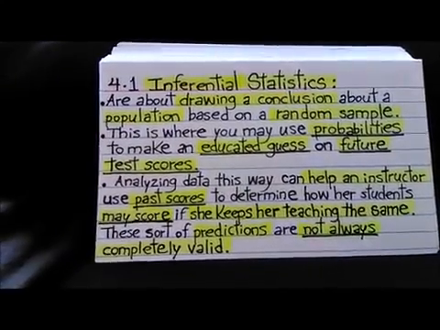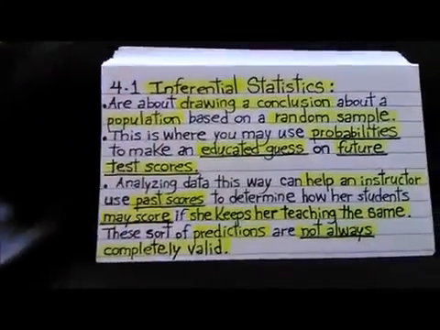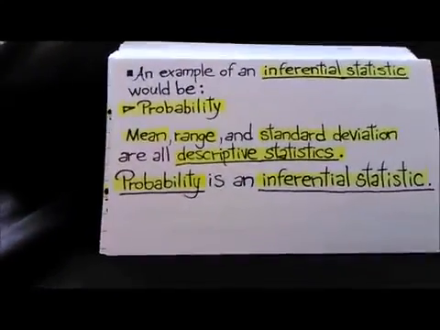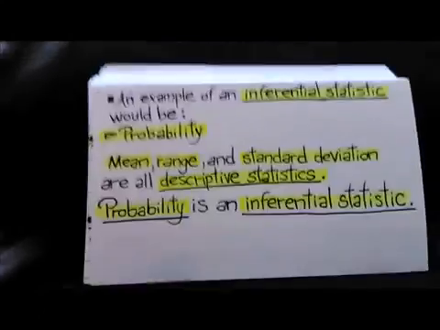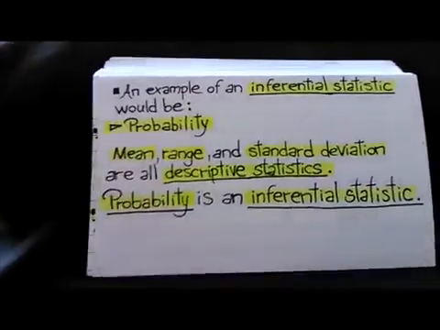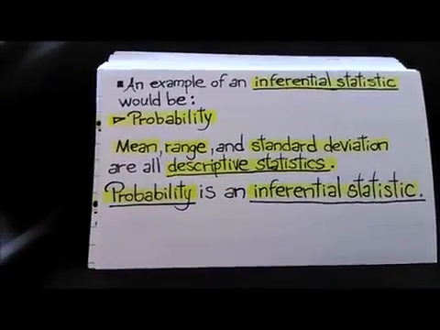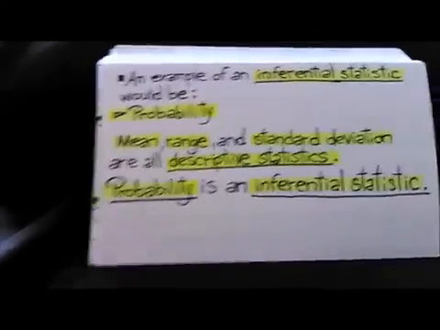These sorts of predictions are not always completely valid, because students, people change. An example of an inferential statistic would be probability. Mean, range, and standard deviation are all descriptive statistics. Probability is an inferential statistic.